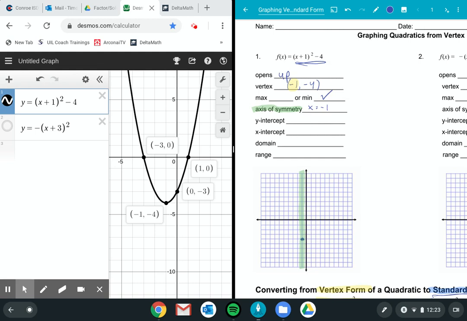Now, from my picture, my y-intercept is 0, -3, which I can plot. If I have this point over here, and it's one tick away from my axis of symmetry, I know I have a symmetric point right on the other side of that axis of symmetry, one tick away from that. Okay.